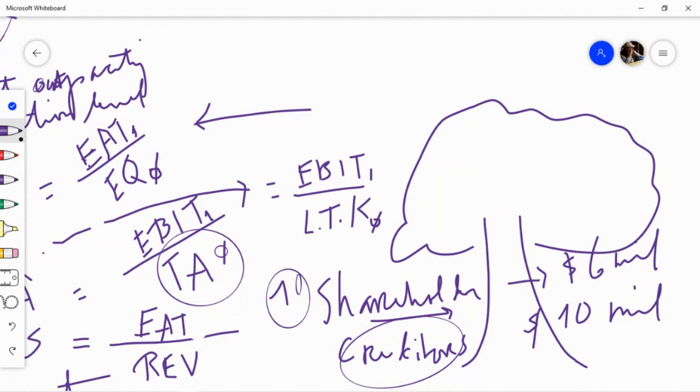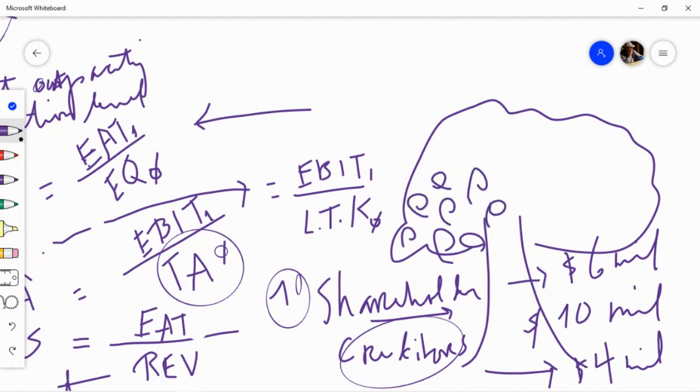Shareholders footed 6 million. Creditors then means 4 million came from the creditors. You bought this tree. And then 1 year later at harvest, this tree will bear fruit, right?